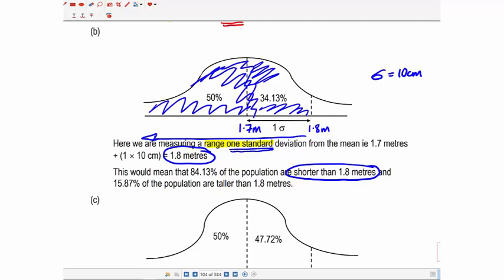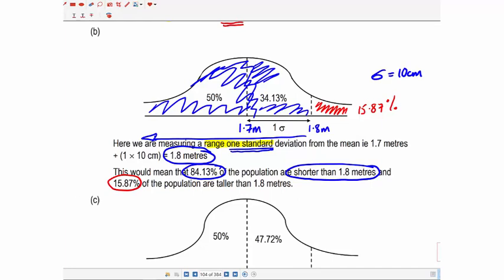Therefore, we can take our 50% that sit below the mean plus the 34.13% that sit within 1 standard deviation from the mean, and we can interpret that 84.13% of the population are shorter than 1.8 metres. Because we know that the area under the curve represents 100%, we can also say that 15.87% of the population are taller than 1.8 metres.